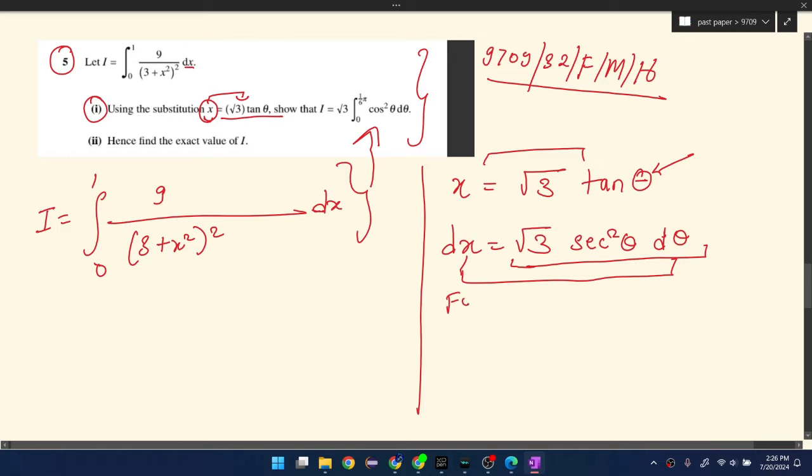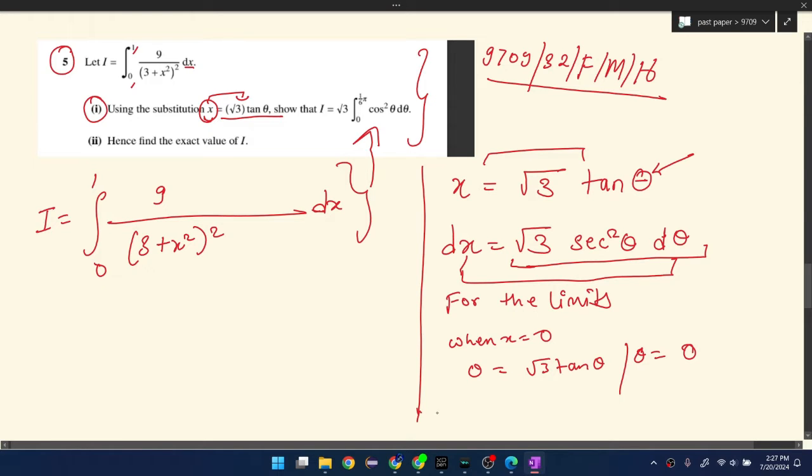Now, we also have to find the limits, because these two limits are for the values of x, not for the values of theta. So when x equals 0, 0 is equal to root 3 tan theta, so theta is going to be 0.